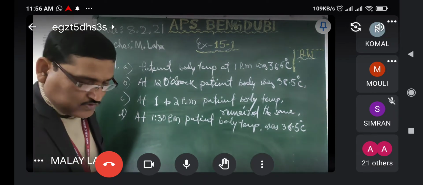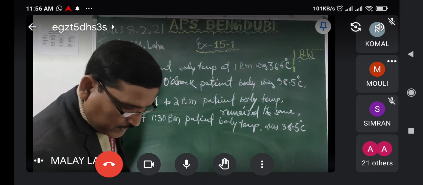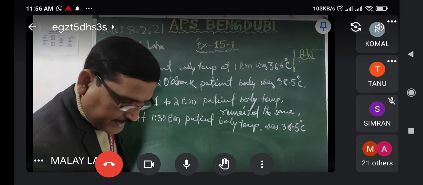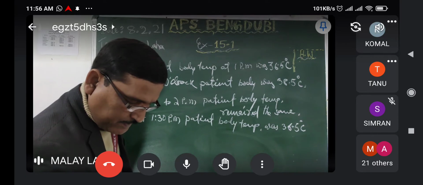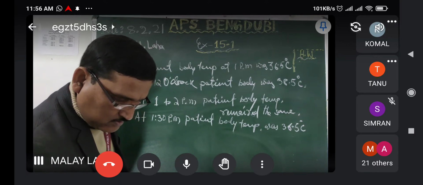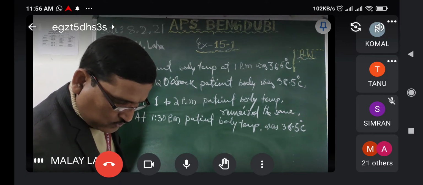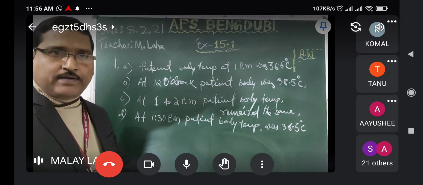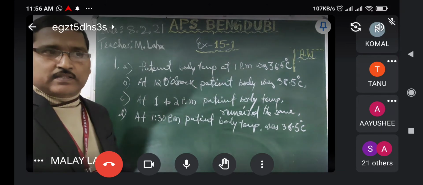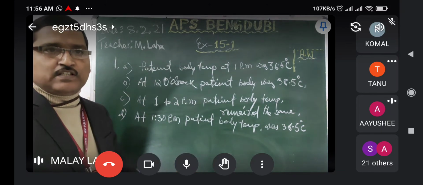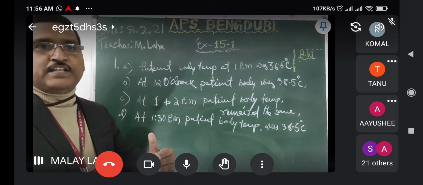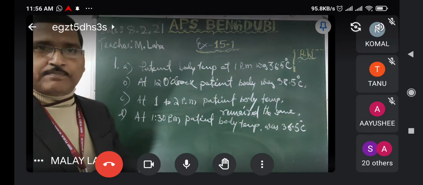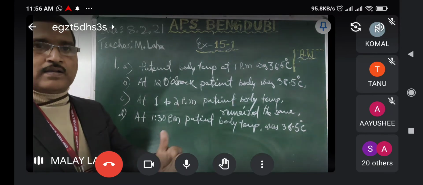From 9 to 10 it is increasing, and up to 11 it also increased. After this it goes down, down, down, and then again from 2 to 3 p.m. there is also a little upward trend. This duration, the patient body temperature is in an upward trend, meaning it is increasing, not decreasing, not the same.